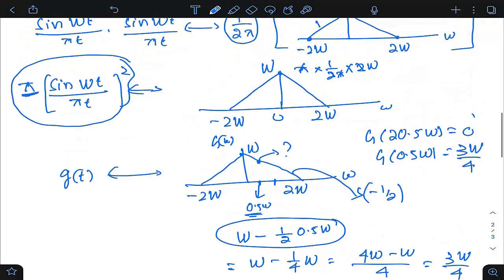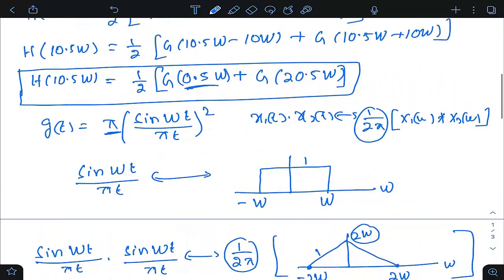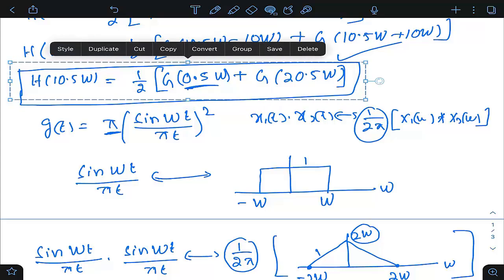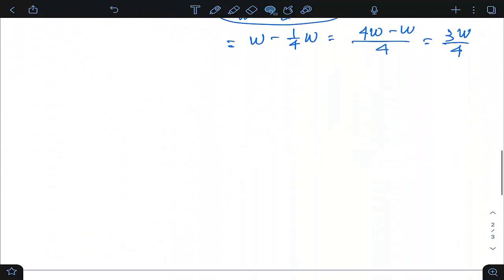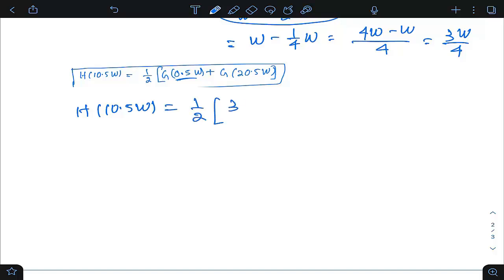So these two data we can substitute in this equation. Which equation? This equation. It's a bit lengthy question, you have to have patience. Then your H of 10.5w happens to be half of this, which is 3w by 4, and this is 0.